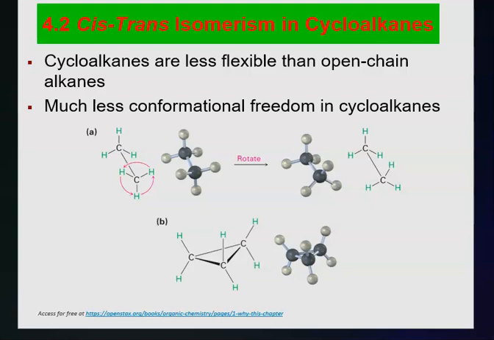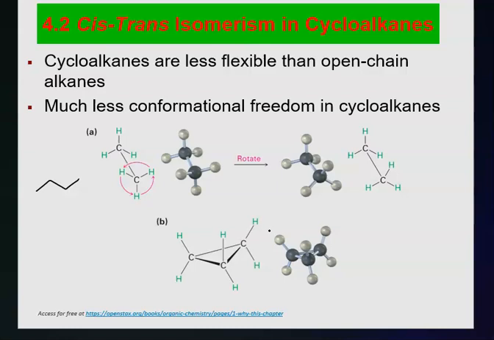Okay, so if you recall, open chain alkanes, we were able to do different conformations because they have the carbon-carbon single bond. But in this case, they have the single bond, but their rotation is restricted because of the cyclic structure. So cyclopropane, for example, must be in a very rigid plane here, and no bond rotation is allowed here.